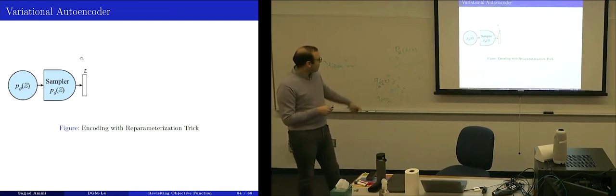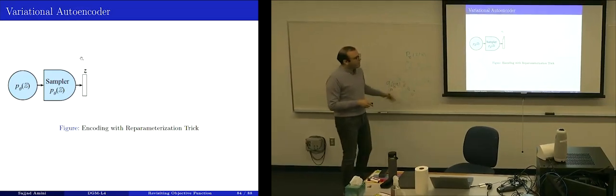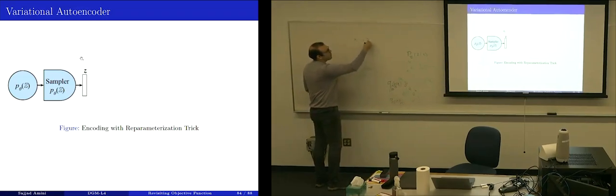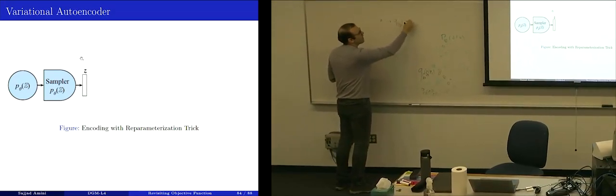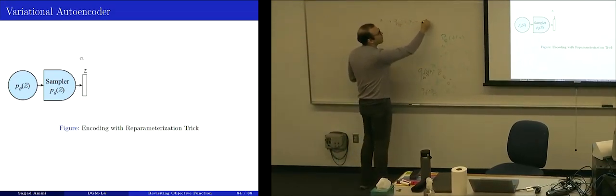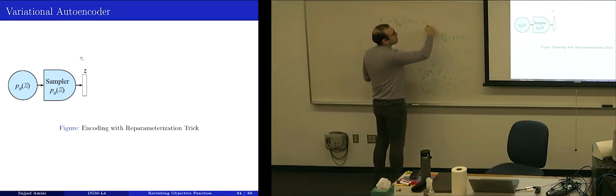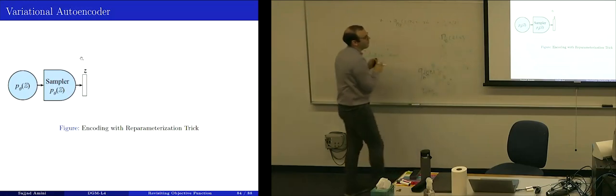Assume that instead of sampling from the approximate posterior, the connection, you know that we start with X and then generate the approximate posterior over Z given X, then sample from it, then use this sample to generate data using the model conditional.